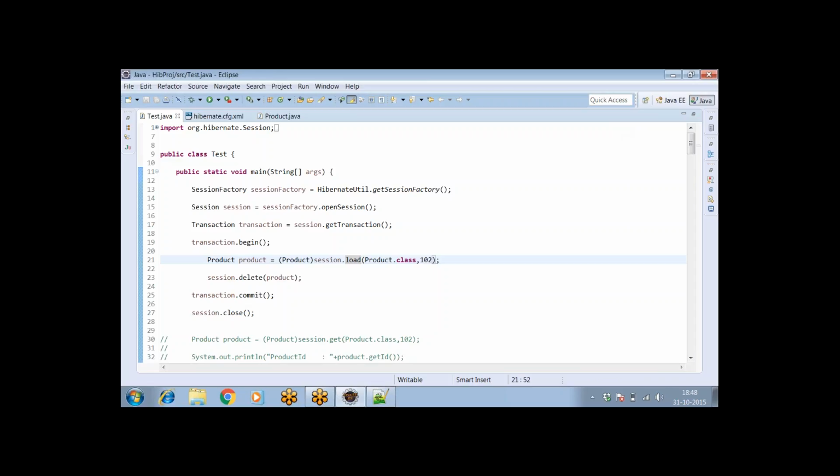The get method and load method, you see, we can use it for the same purpose to fetch the records based on the ID. But is there any difference between these two methods?